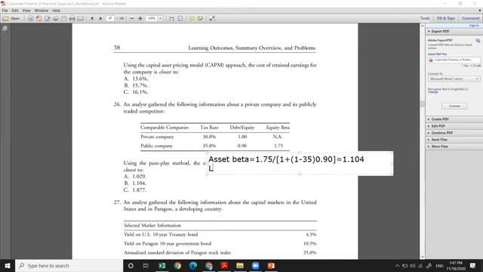And now we have the chance to calculate the levered beta, or the project beta that we're trying to estimate, using the unlevered beta or asset beta. Just substitute everything into the formula.